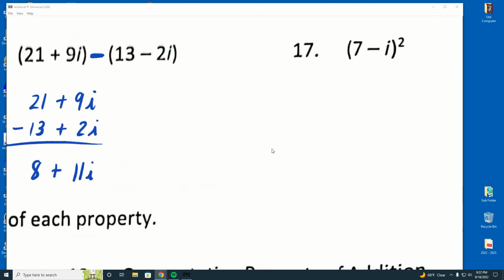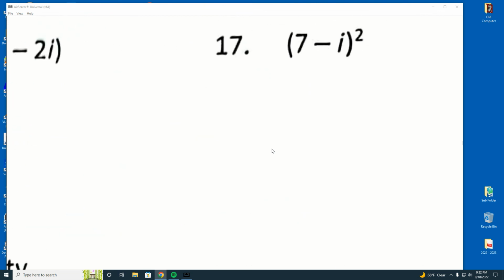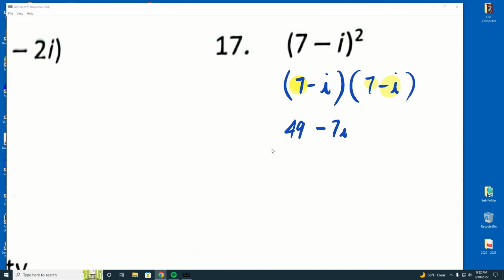Okay, and then number 17, remember when you have something squared, it means you're multiplying it by itself. So we have to use our distributive property. 7 times 7, 49. 7 times negative i, negative 7i. Negative i times 7, another negative 7i. And lastly, negative i times negative i.